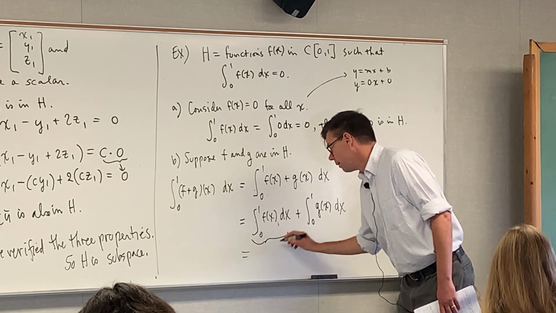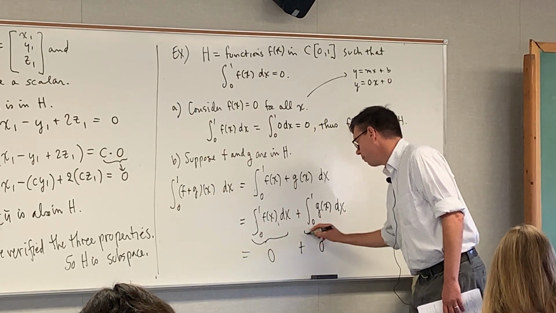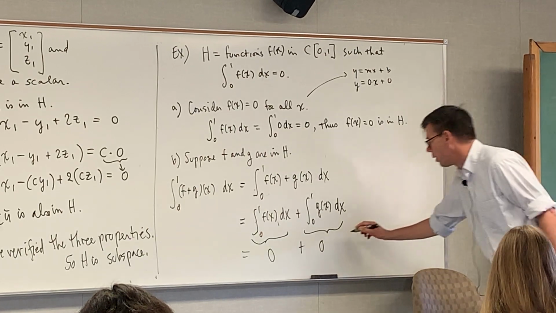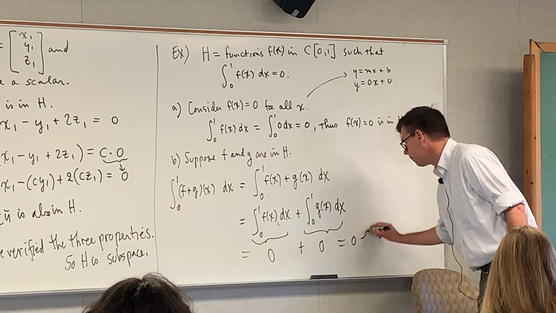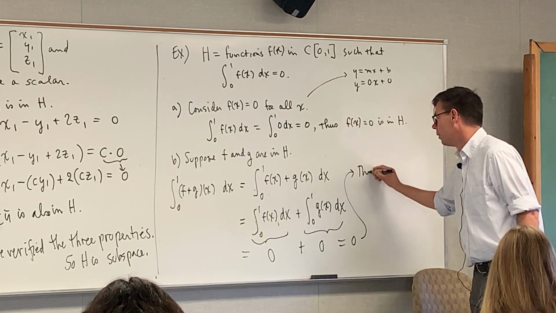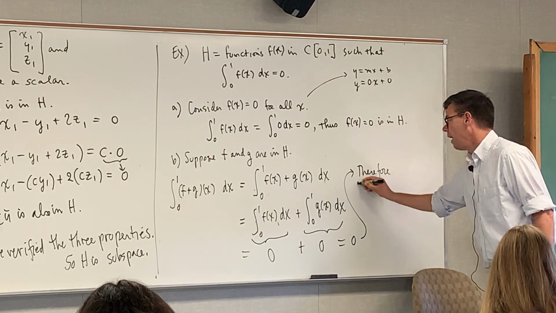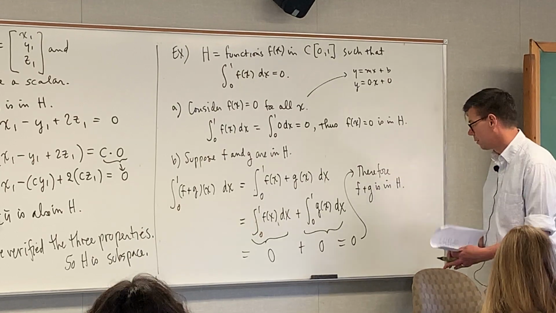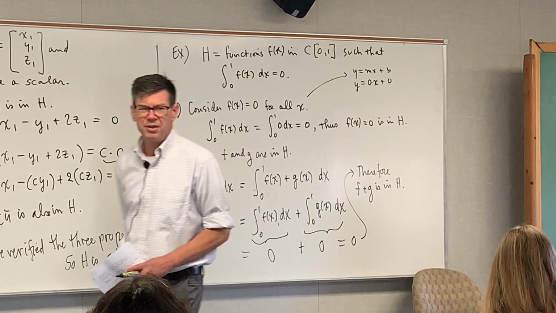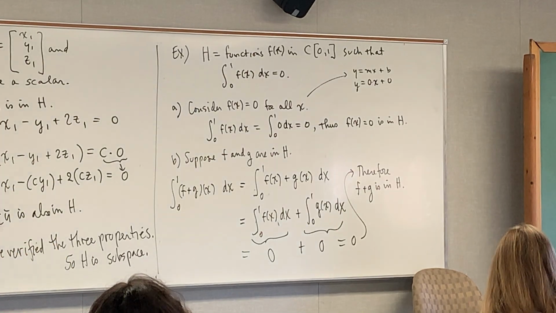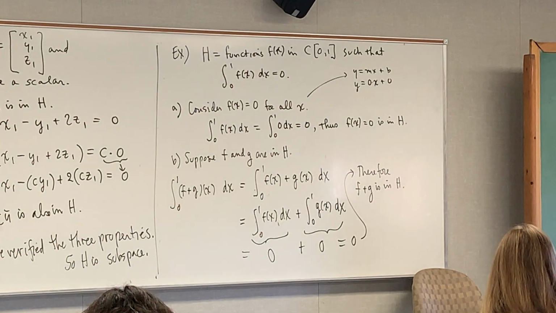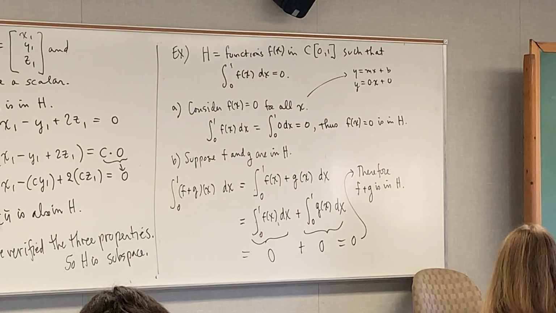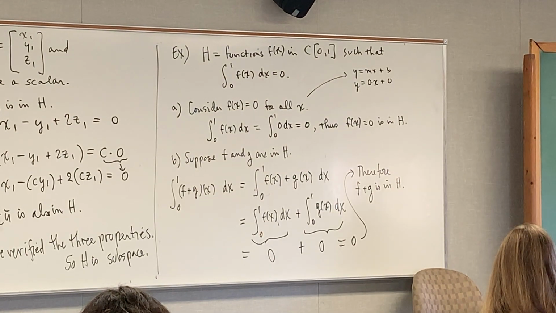And that's just 0 plus 0, because f and g are in the subspace, so the integral of the sum also has to be 0. Therefore, f plus g is in H. It's almost like you could just say it in words: since the integral of the sum is the sum of the integrals, and the individual integrals are both 0, the integral of the sum is 0.